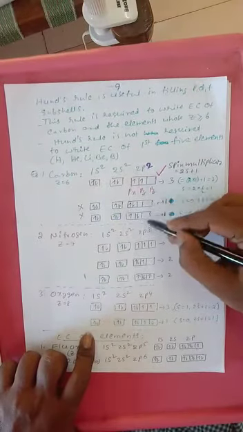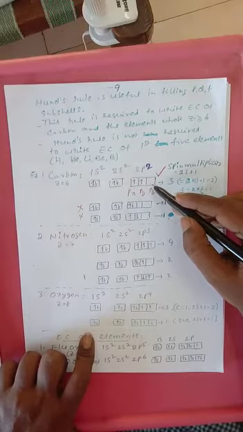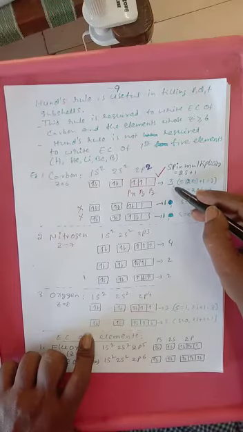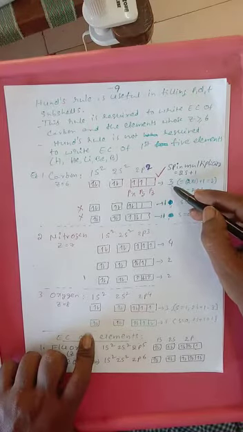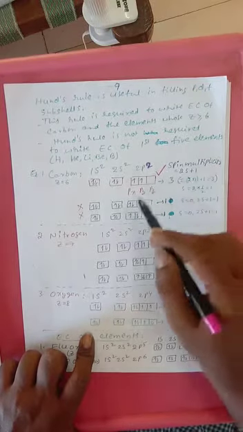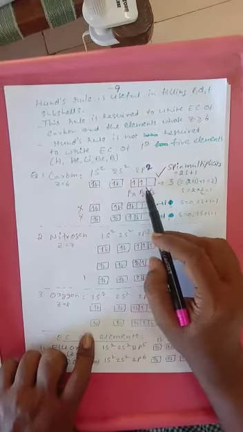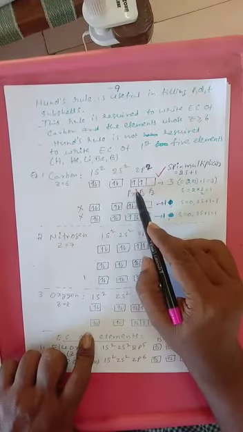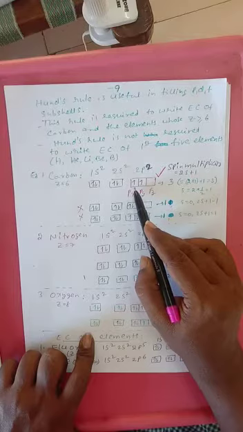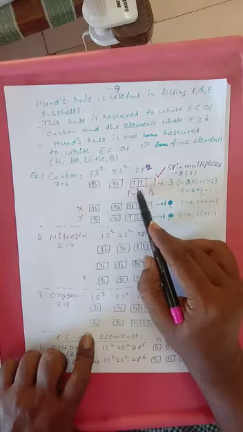Even though there are three possibilities, we have to consider this one because its spin multiplicity is 3. According to Hund's rule, degenerate orbitals are filled in this manner: you have to fill each degenerate orbital with one electron each of parallel spins.